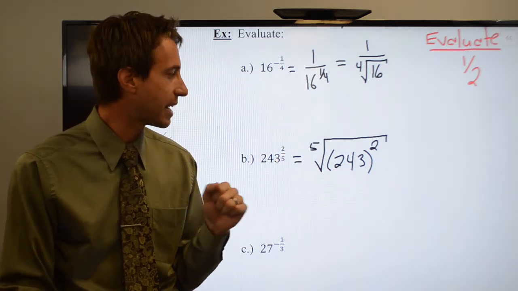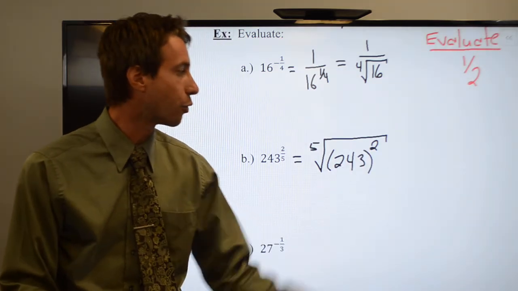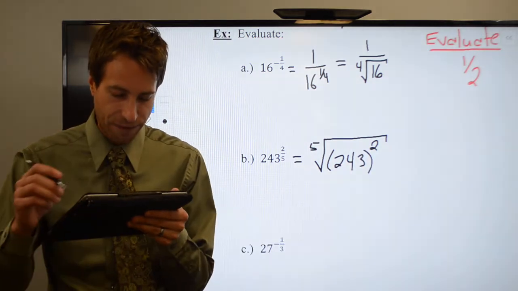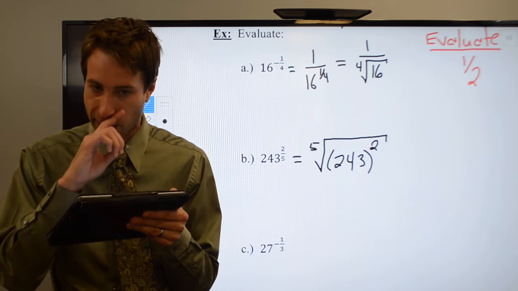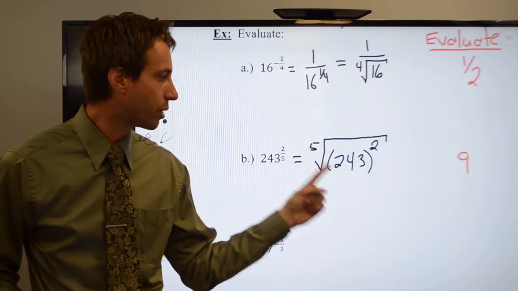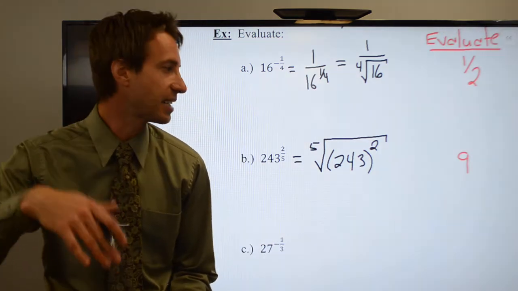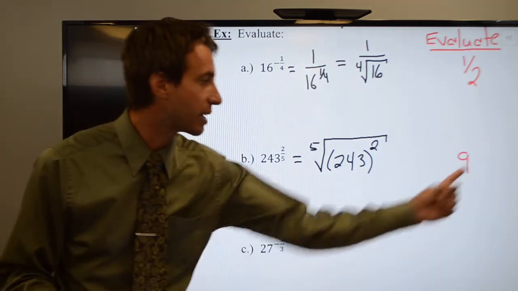So you'll make that index a 5 because you're taking a 5th root, and then you take the 5th root of whatever 243 squared was, and you're going to wind up with a 9. So the 5th root of 243 squared is 9. Double check that, use your calculator, make sure that you get a 9.